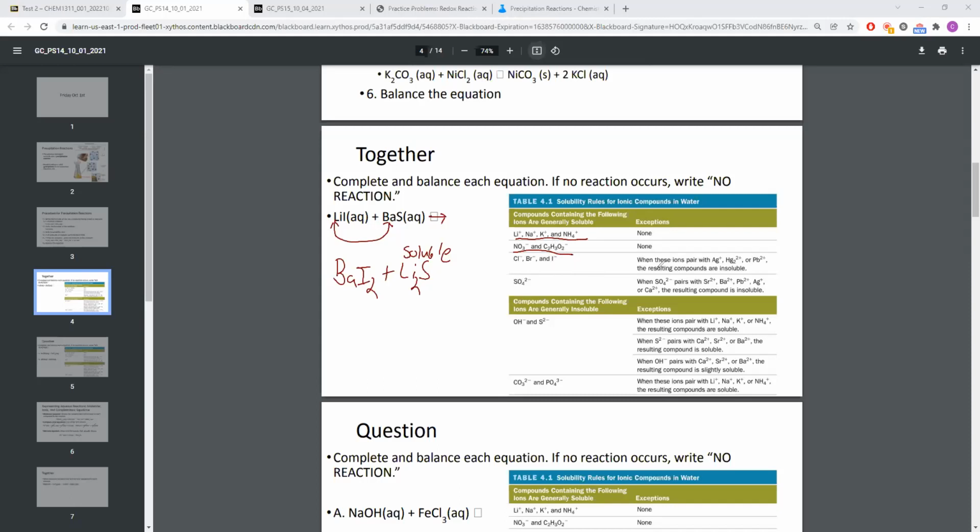There are exceptions, but Ba is not one of them, so this is also soluble. What happened here is that I mixed two things together, both soluble, so actually no reaction happened because I didn't form a solid. So let's go down to our other examples.